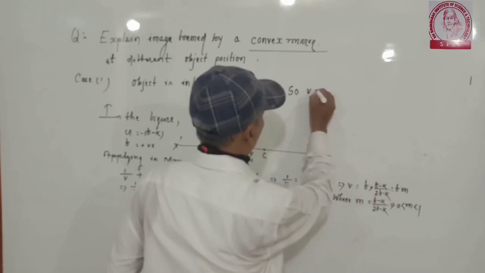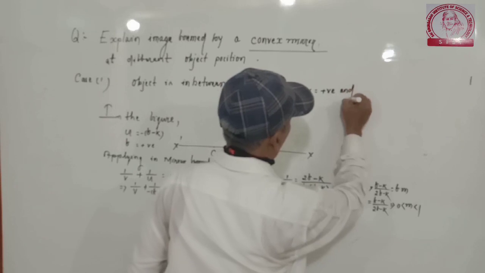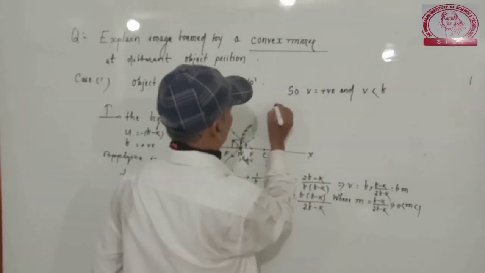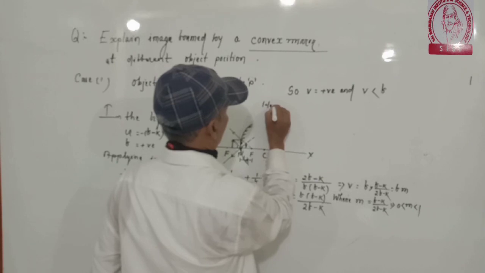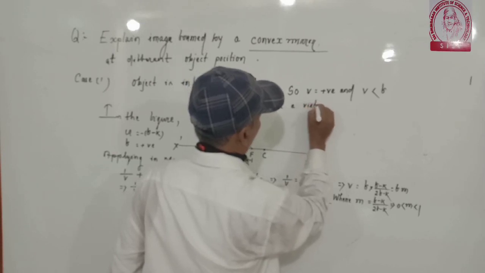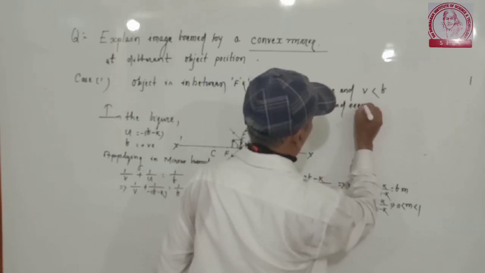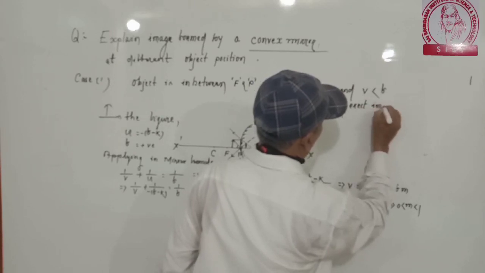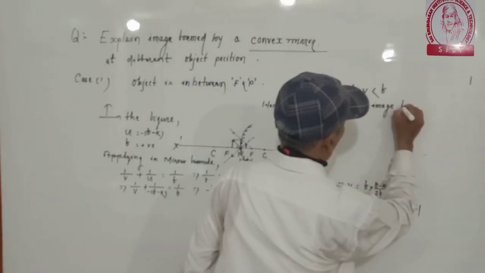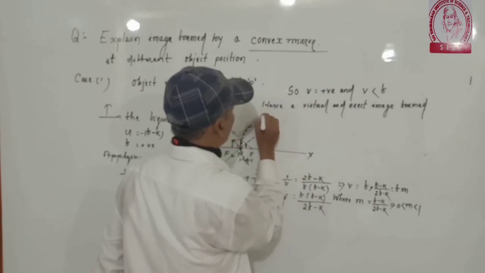So v is positive and v is less than f, hence a virtual and erect image formed behind the mirror.